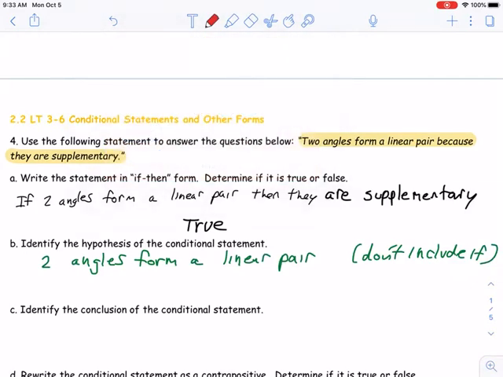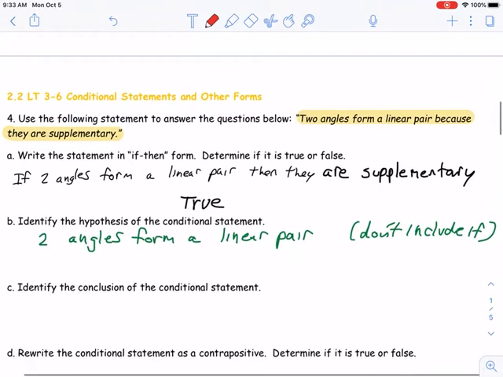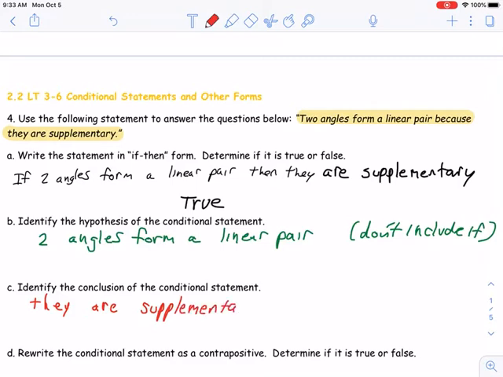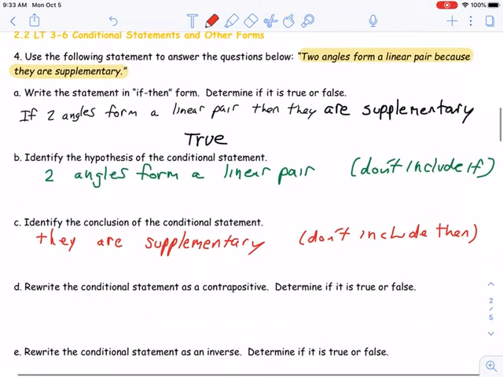And then similarly, identifying the conclusion of the conditional statement, it'd be they are supplementary. And again, don't include then. I guess the best way to explain it is you just want the closed statement. You just want the statement part, not the if, the then. We only want the parts that matter the most.